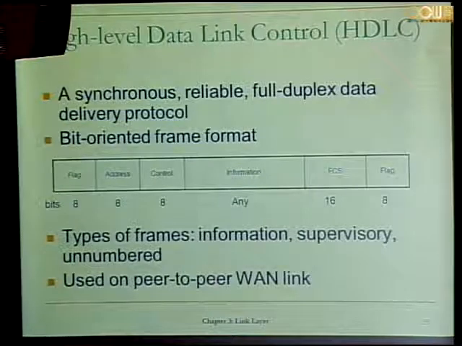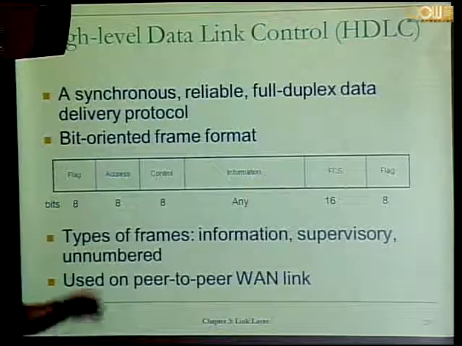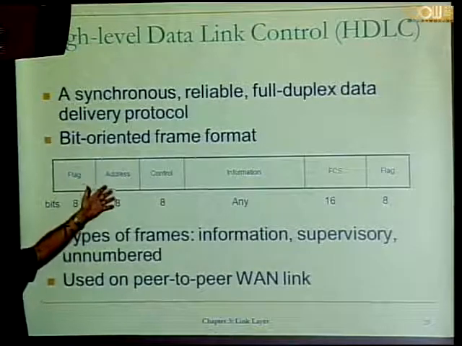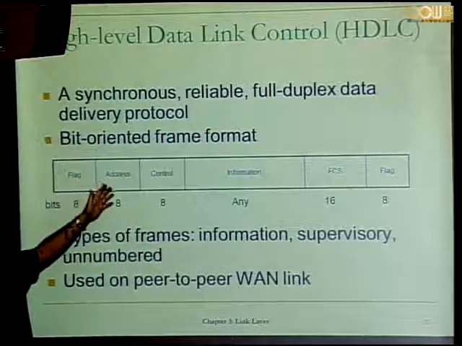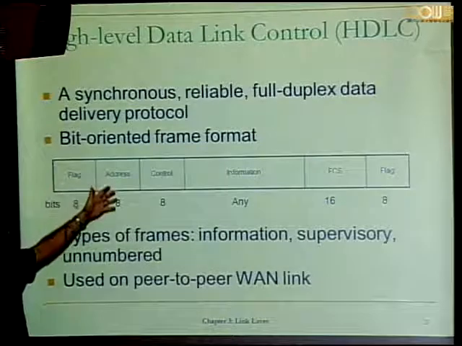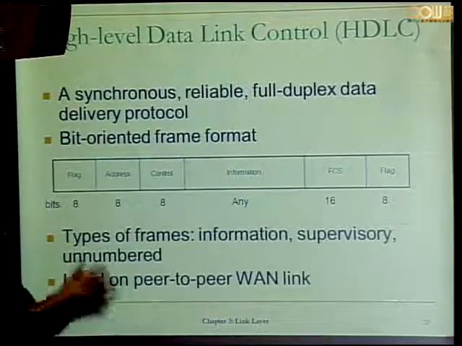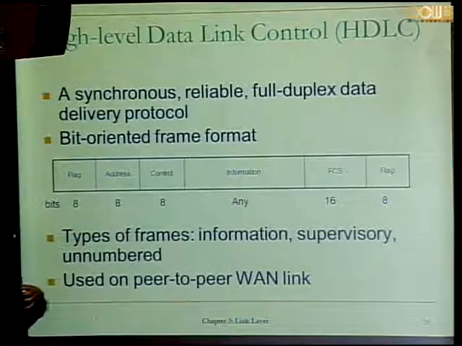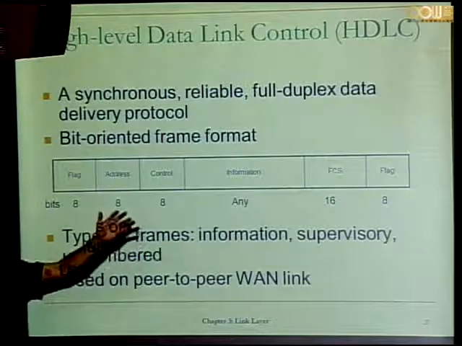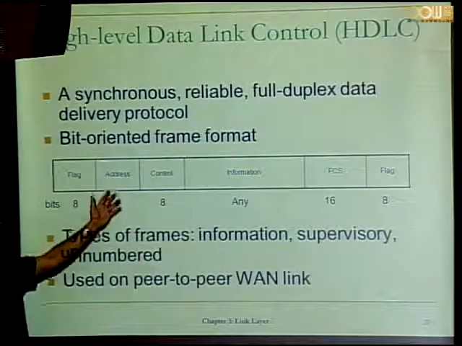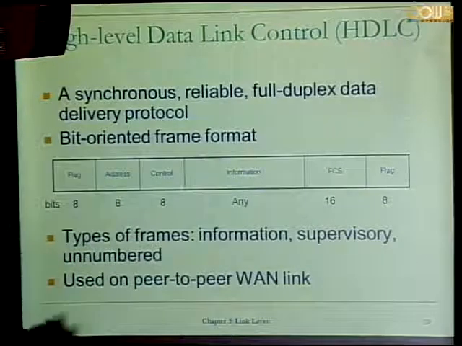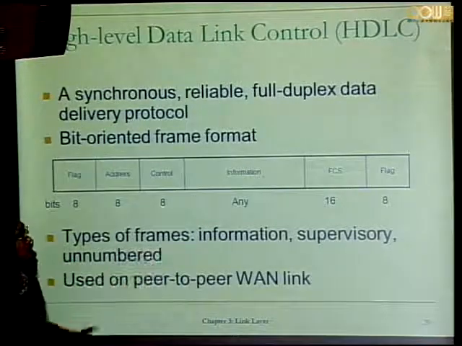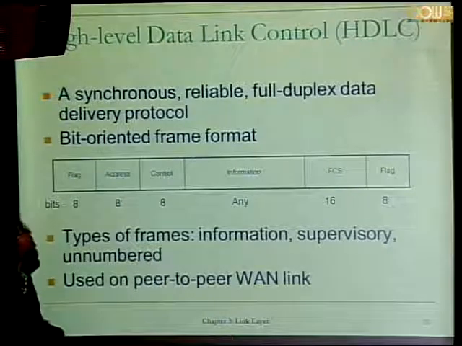Okay, and there's indeed an address even though it's a point-to-point link. It might happen that SDLC could be used in a link by multiple receivers with a master and a slave. With a master and a slave, you will need an address, probably not 8 bits, to identify which slave receives the frame.